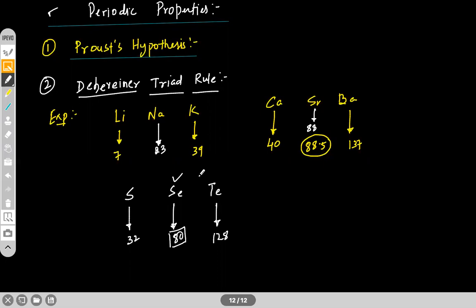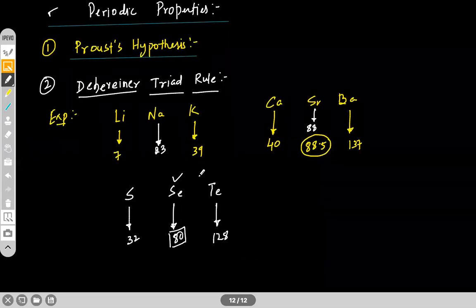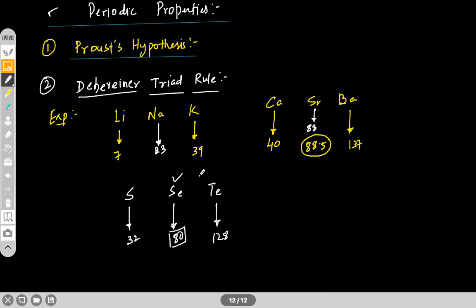You can find out the average value of fluorine and bromine, and you'll get the answer for chlorine. Chlorine, bromine, iodine forms, not exactly, but approximately.